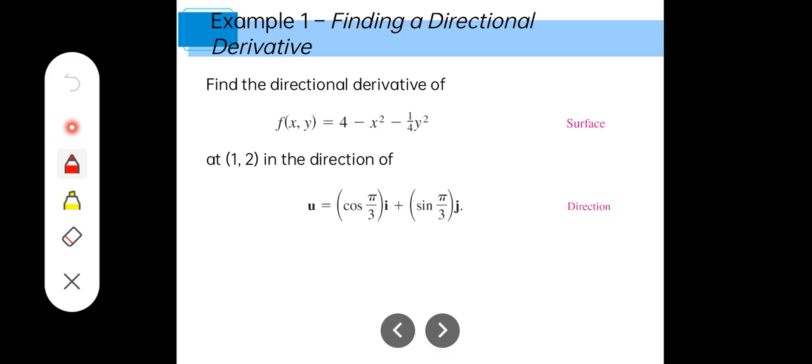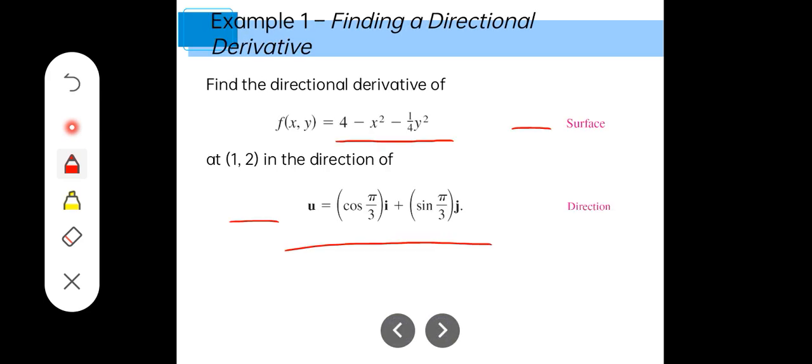For example, find the directional derivative of f(x, y) = 4 − x² − (1/4)y² at (1, 2) in the direction of u = cos(π/3) i + sin(π/3) j. This is the given direction, and this is the surface.